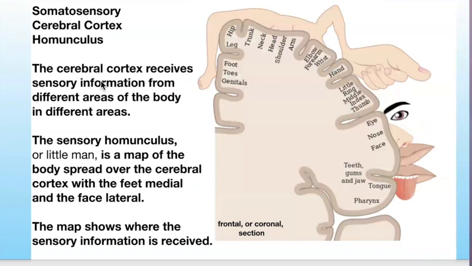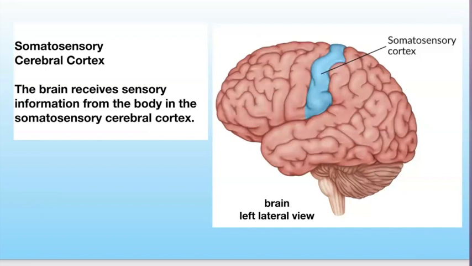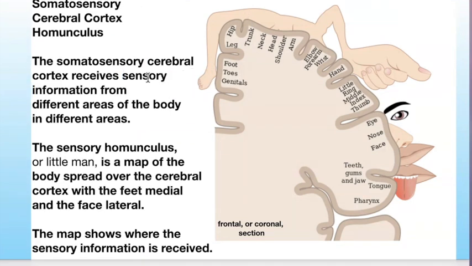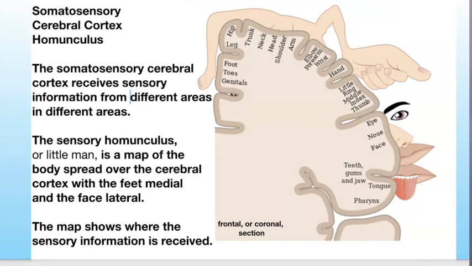The cerebral cortex receives sensory information from different areas of the body in different areas. So when I'm talking about the cerebral cortex, I'm talking about the somatosensory cerebral cortex, and they have made a map of the somatosensory cerebral cortex and where it receives sensory information.